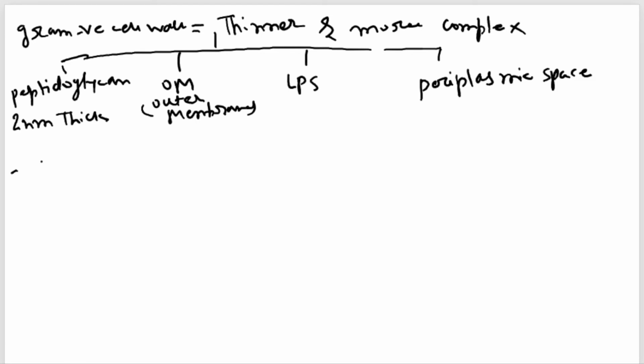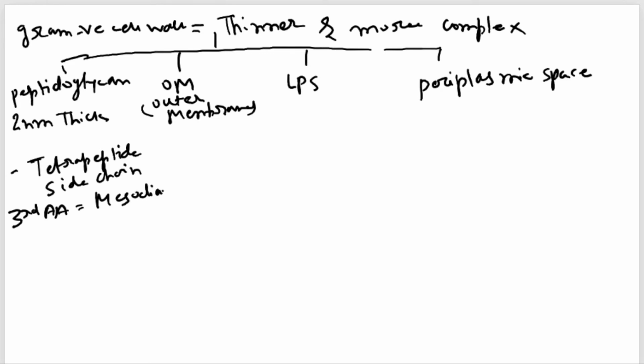Another difference we had already seen in the tetrapeptide side chain: the third amino acid was not L-lysine, it was something else. It was meso-diaminopimelic acid.